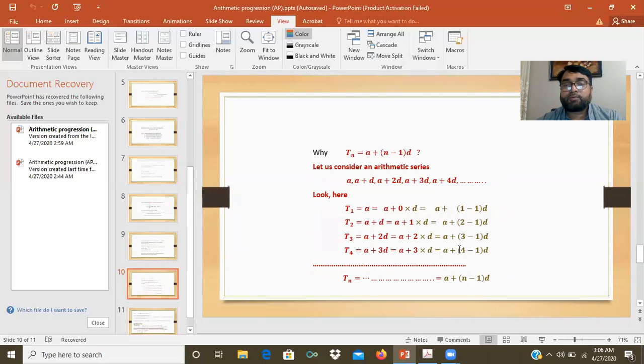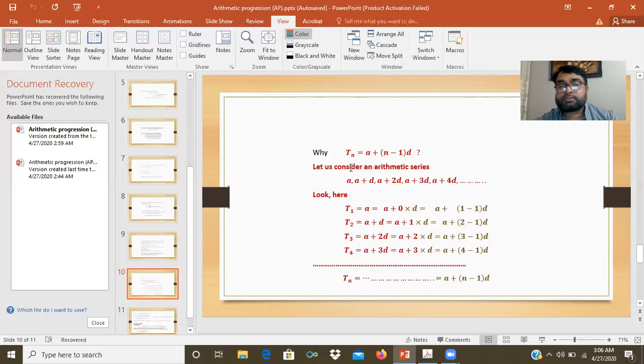Okay, now two important things. Why does the formula we just used to find a certain term, Tn equals a plus n minus 1 into d, work? This is very interesting. I told you that it is a sequence, so a sequence has a certain pattern.